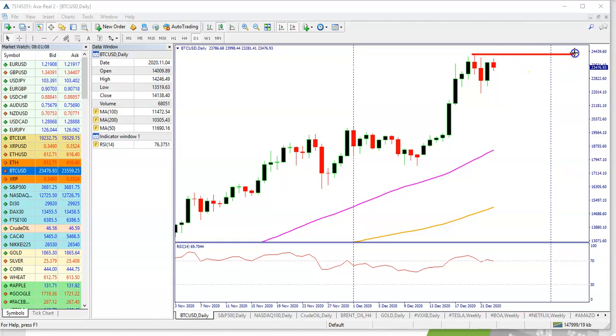This particular breakout trade is very much in focus. The chances are that the price is going to break to the upside, breaking the all-time high, and then moving from the 24,000 price level perhaps all the way to the 30,000 price level. So let's keep an eye on that and see how the price evolves from here onwards.